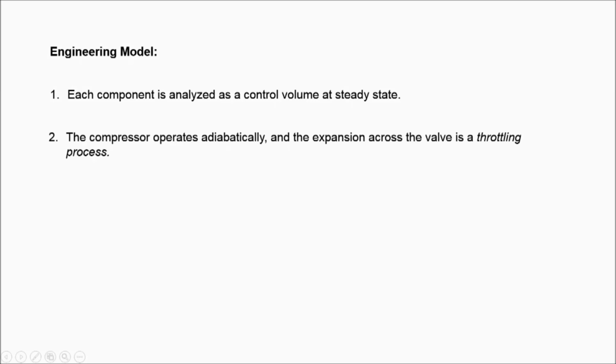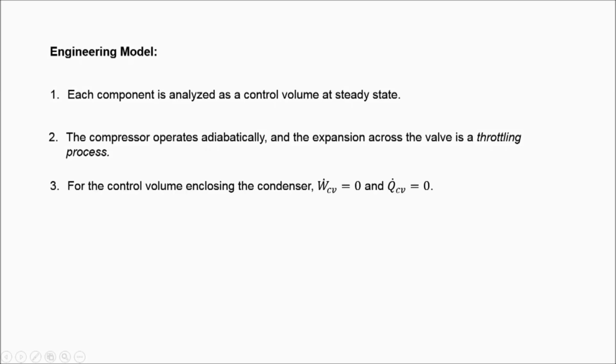The next step is to develop an engineering model, which is a set of simplifying assumptions which will allow us to perform the analysis of the problem. Each component is analyzed as a control volume at steady state. The compressor operates adiabatically, and the expansion across the valve is a throttling process.